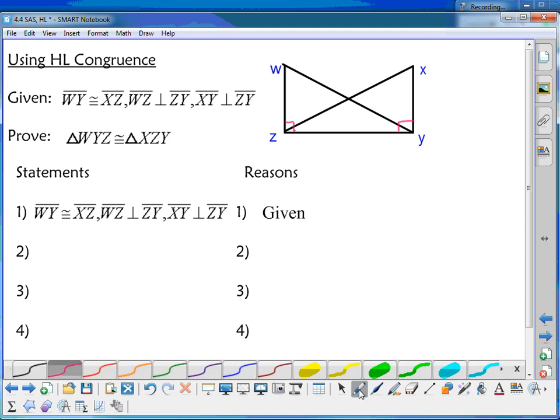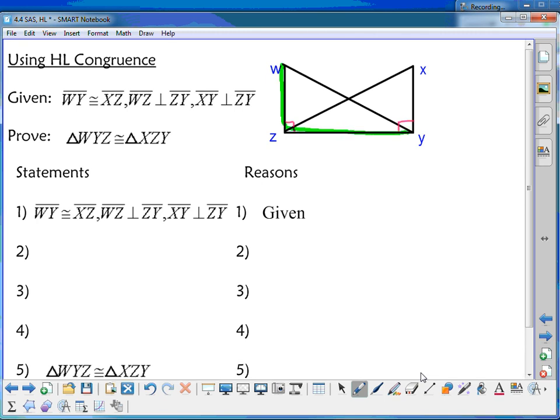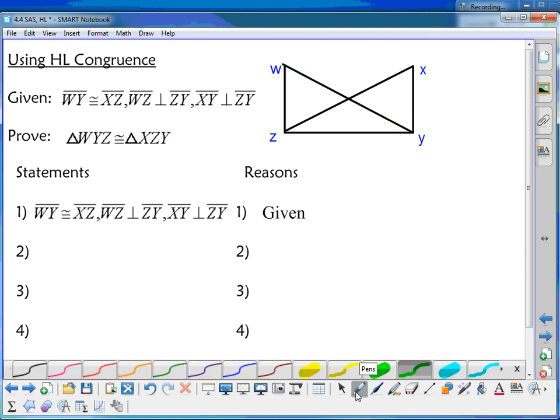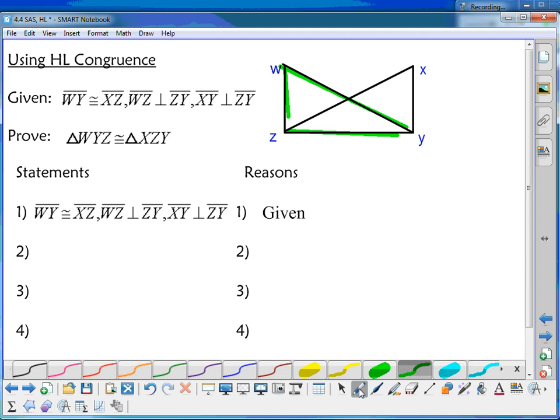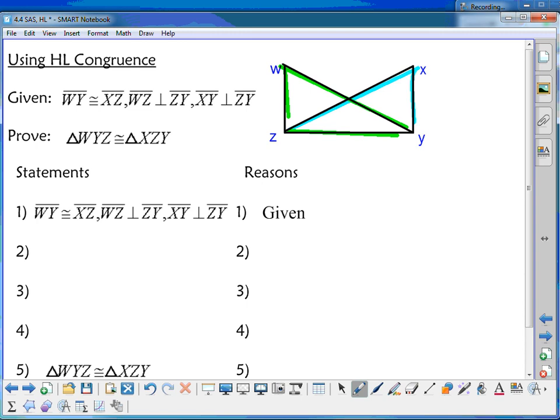So the two triangles that we're trying to prove congruent are WYZ, I just said it wrong, WYZ is congruent to triangle XZY, this triangle here.